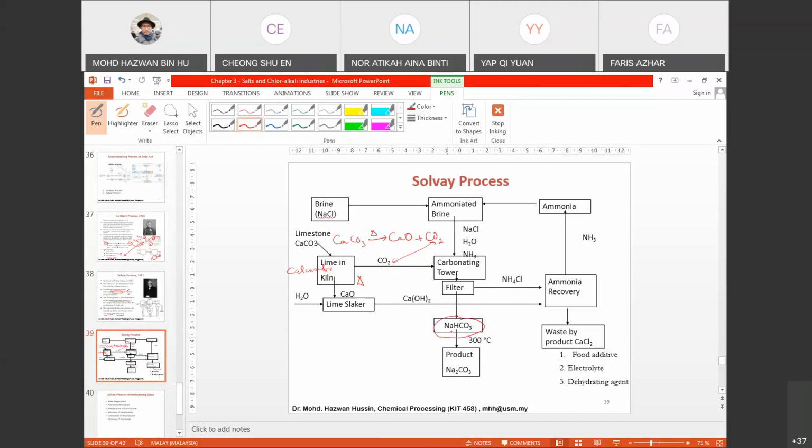Okay, right. So the calcium oxide can easily react with moisture or water to produce calcium hydroxide.